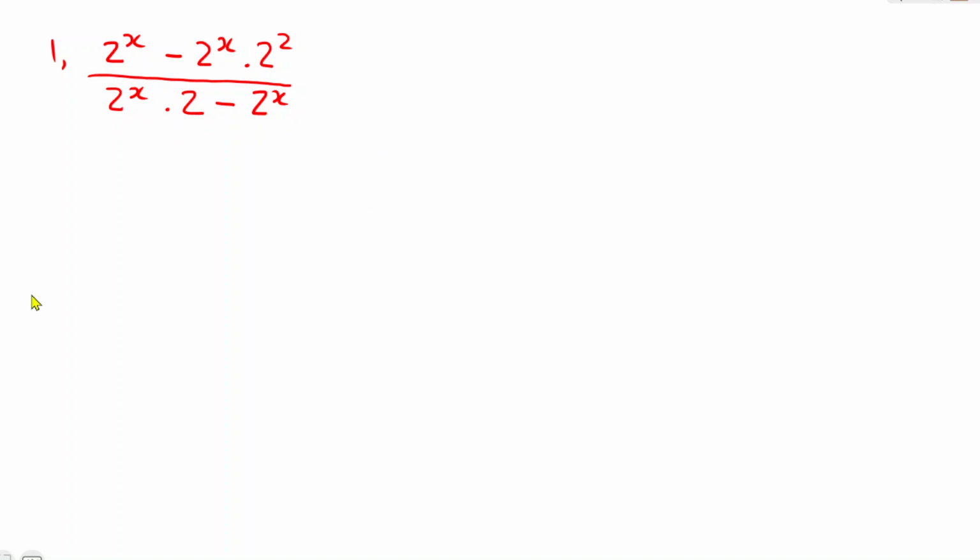So for these types of questions, if you are given these exponential expressions with a subtraction or sometimes an addition in between the terms, then you need to know that you have to look for the common factor. Always there will be a common factor.